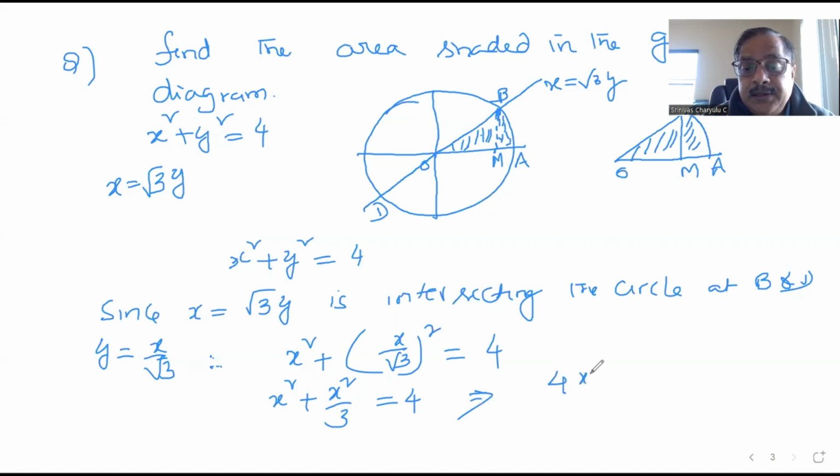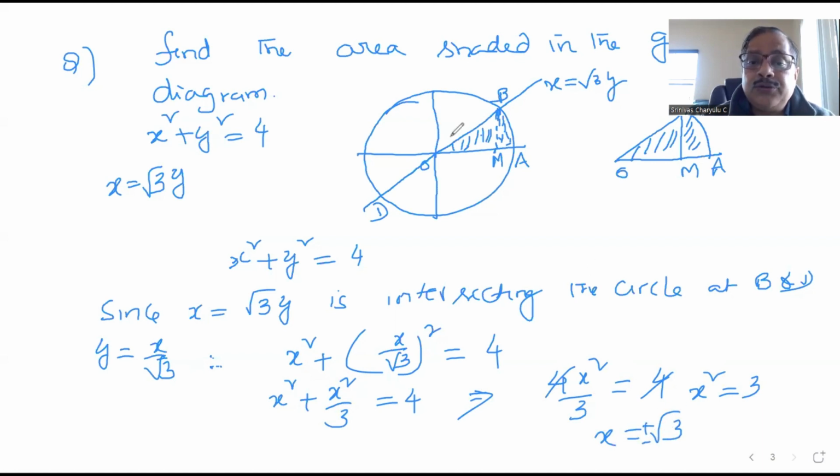This implies 4x square by 3 is equal to 4. Cancel 4 and 4. x square is equal to 3, or x is equal to root 3. Actually, plus or minus you can take. But since we are considering the area in the first quadrant, you can choose only plus root 3.